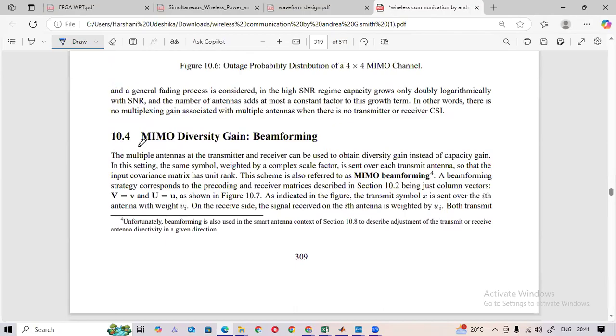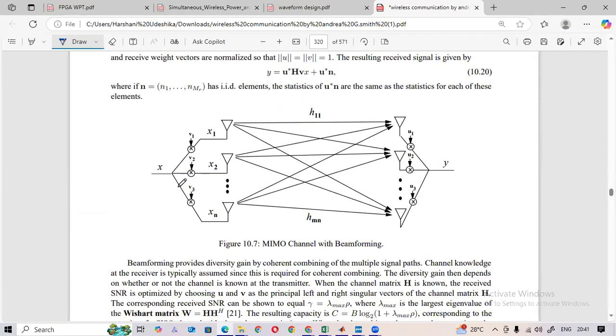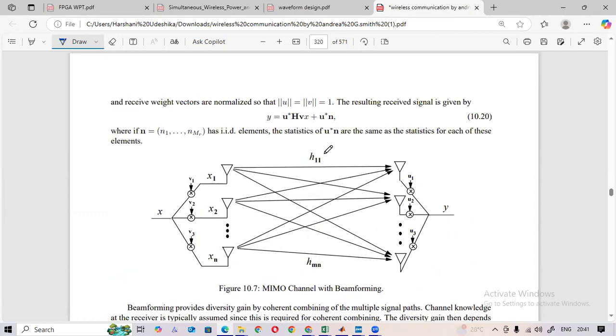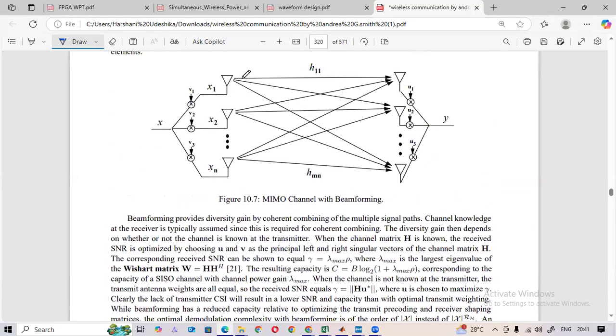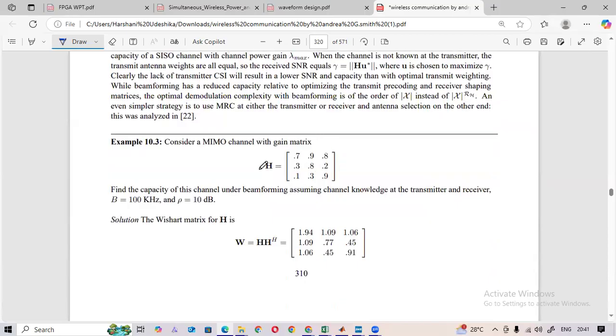Actually, this one you need to see. MIMO diversity. This is the MIMO model. There will be several transmit antennas and several receive antennas, and these channel gains can be represented using a matrix.